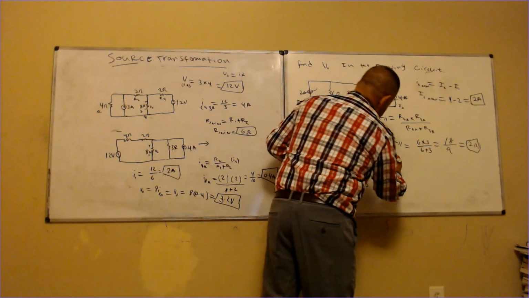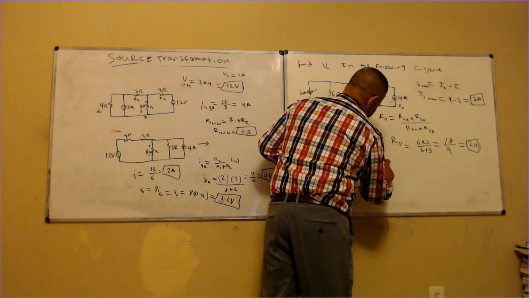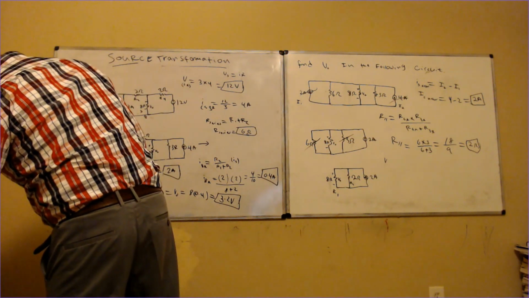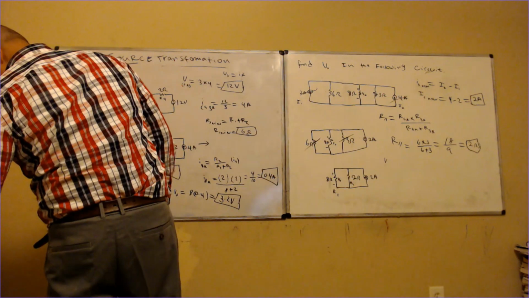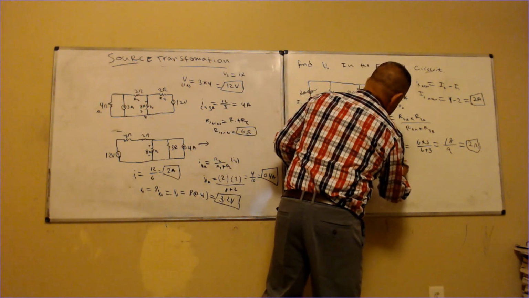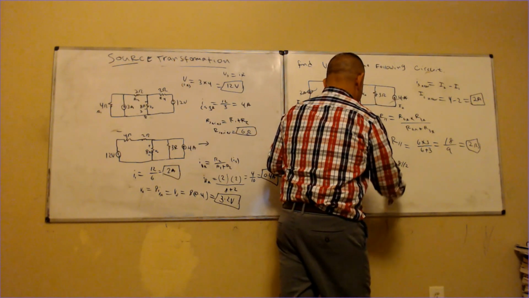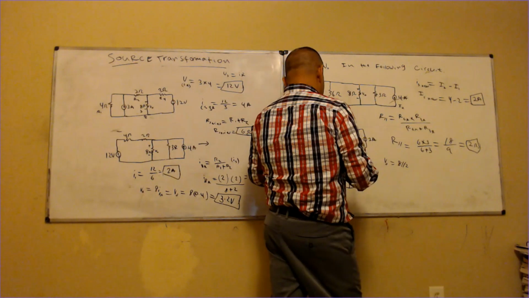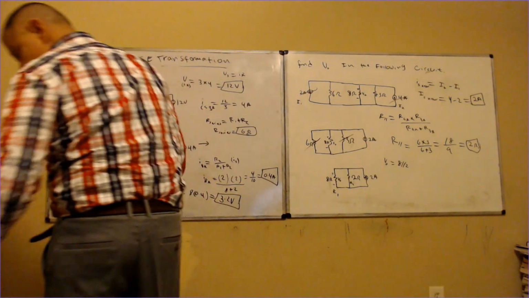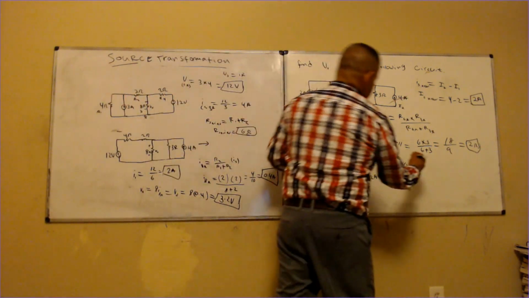So V naught is going to be equal to the 8 ohms in parallel with the 2 ohms, and then we multiply that by the 2 amps.